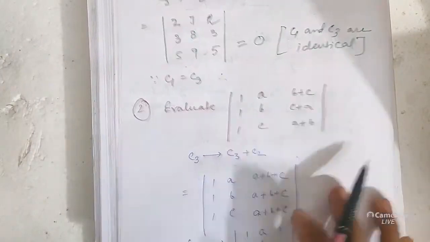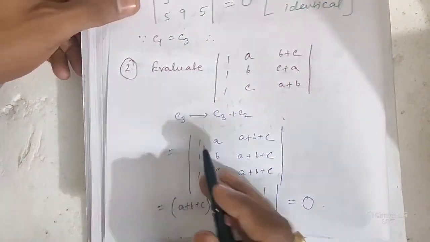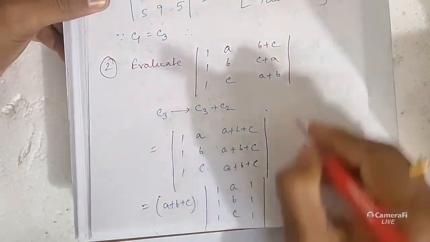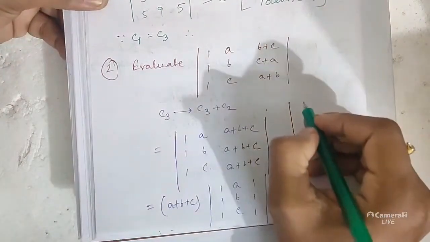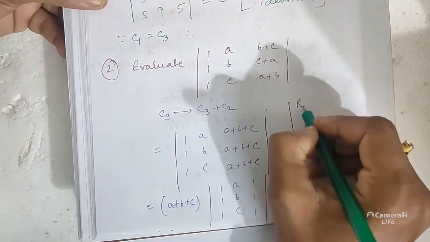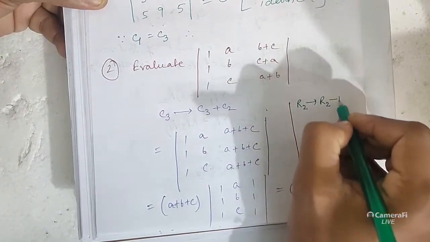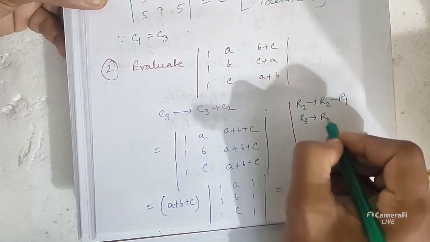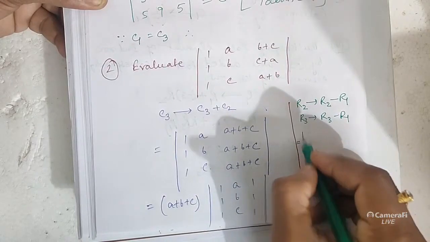Now see this question. Here I have done by this operation. But suppose for the same problem, you apply R2 minus R1 and R3 minus R1. What will you get?